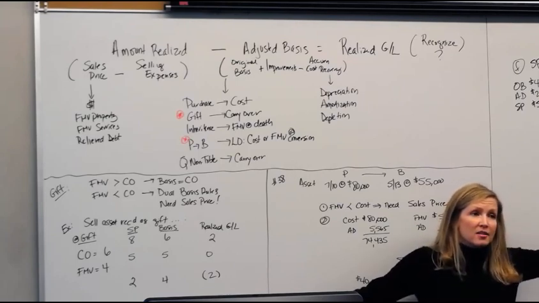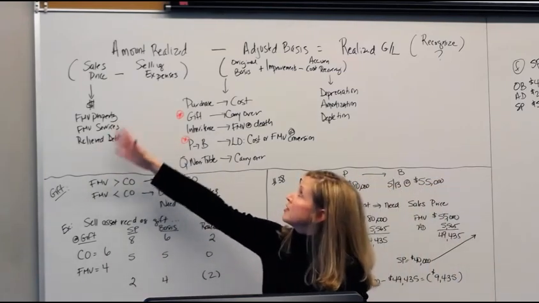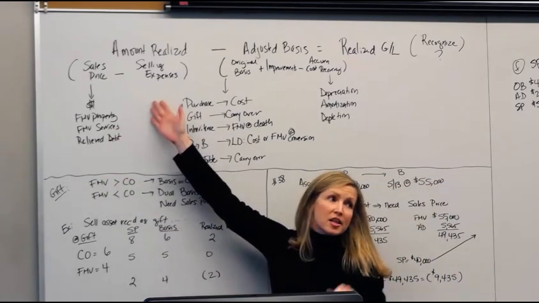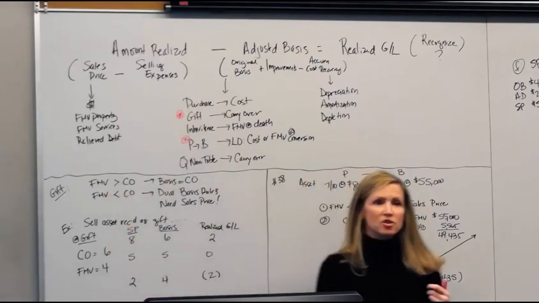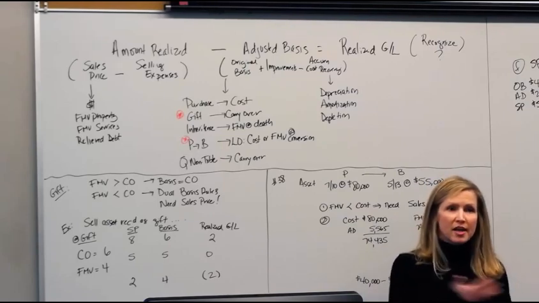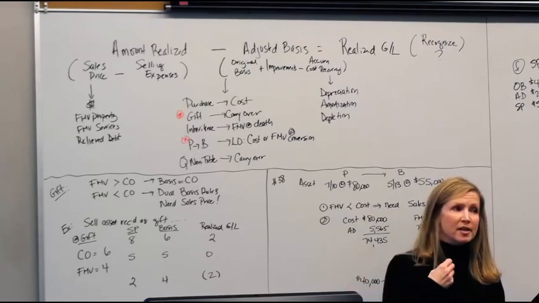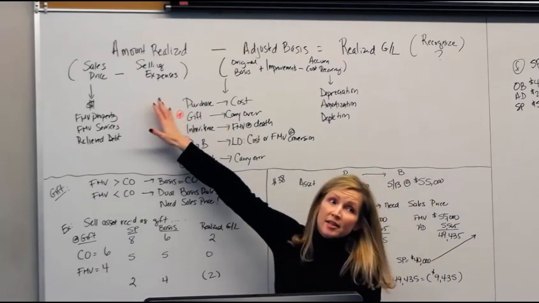That is gain to me. So these are part of my sales price. Minus any selling expenses. Did I have to pay an attorney to transact this exchange? Do I have to pay a broker his portion of the fee related to the sale and exchange? That comes off of my sales price. So that is my amount realized.